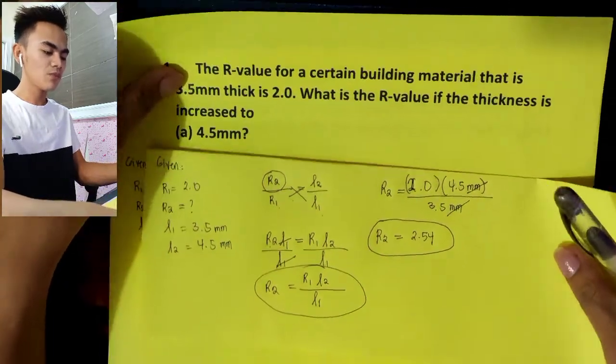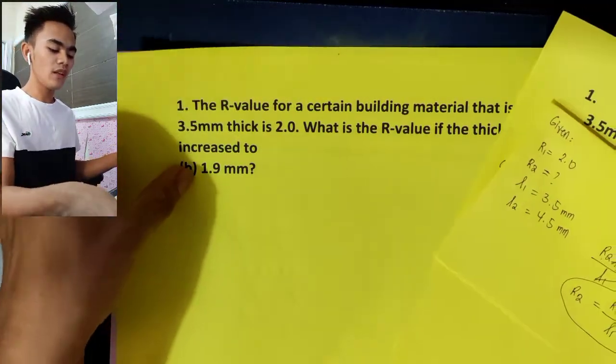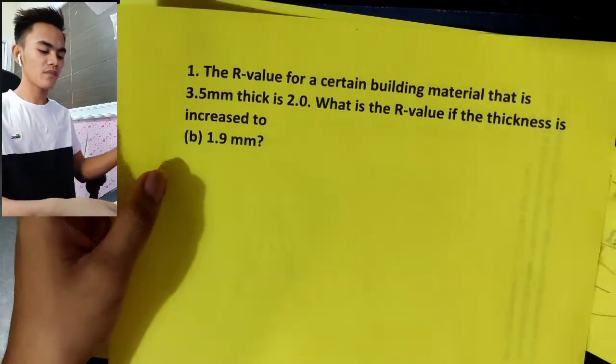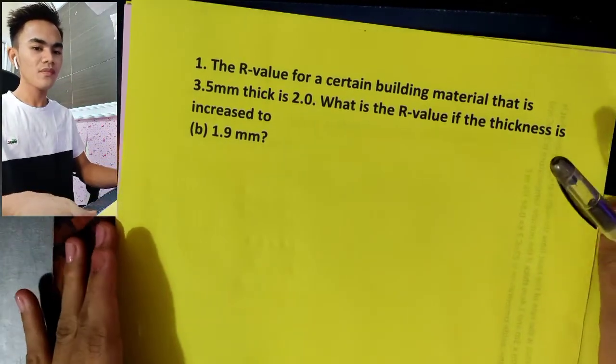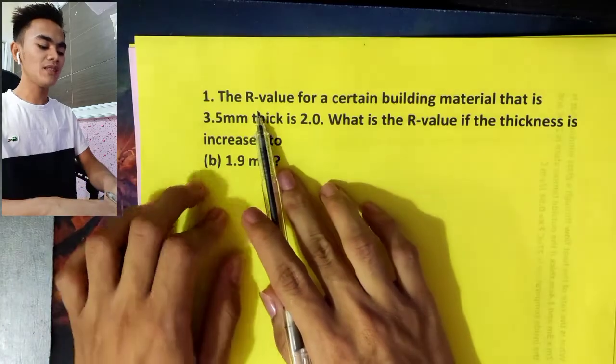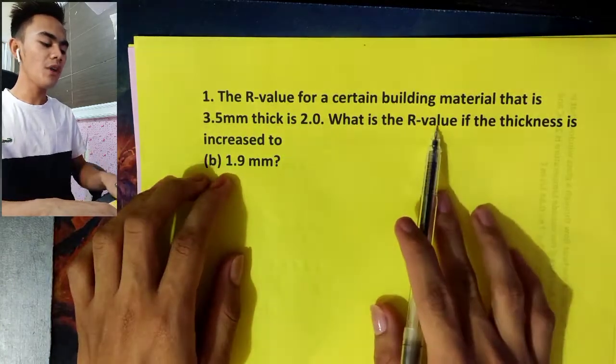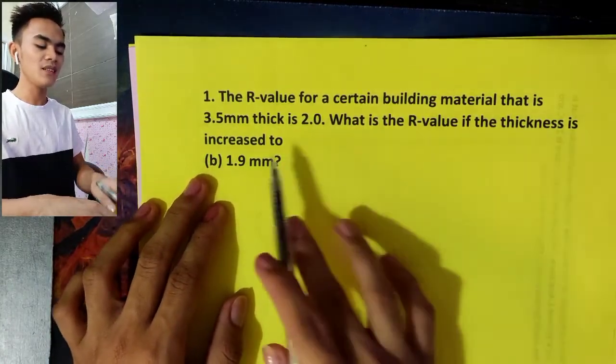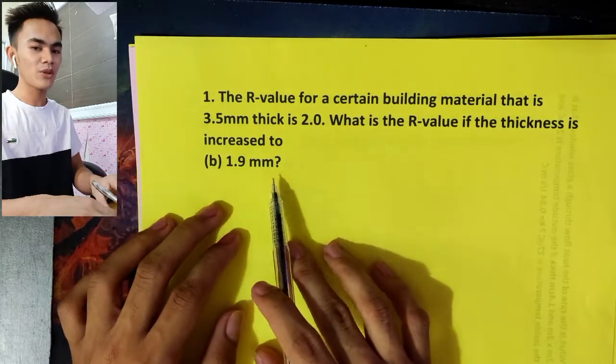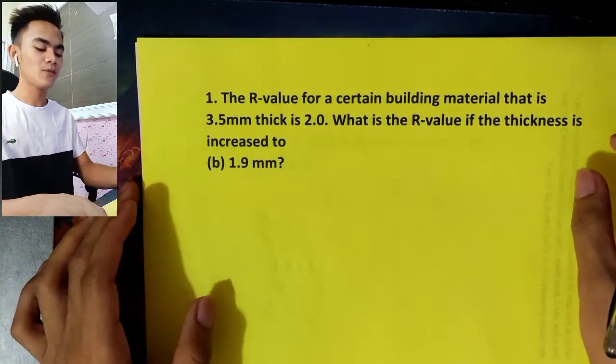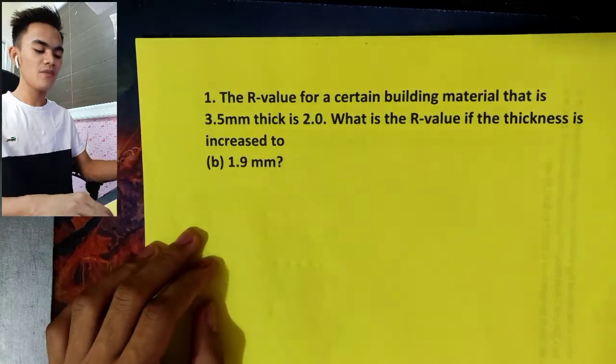Next, let's move on to number 1, letter B. What is the R value if the thickness is increased to 1.9 mm? First, let's identify the given.